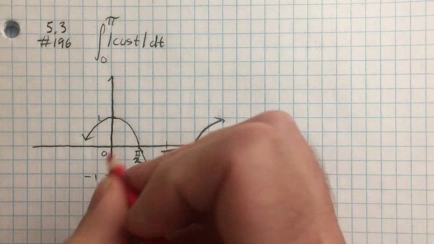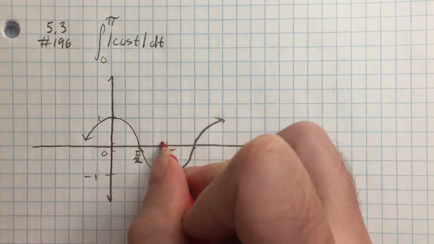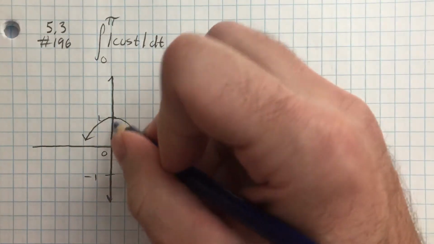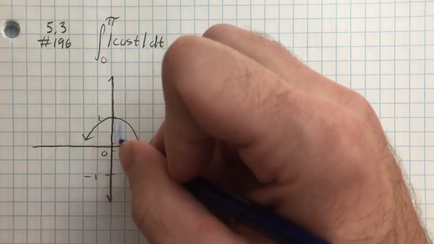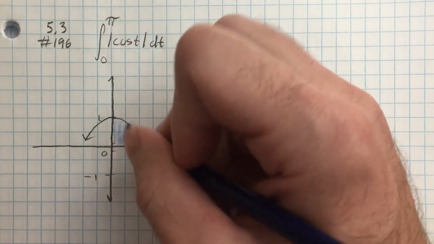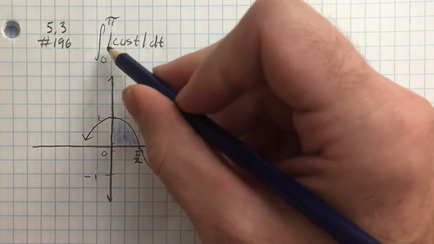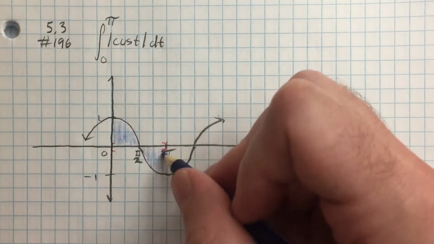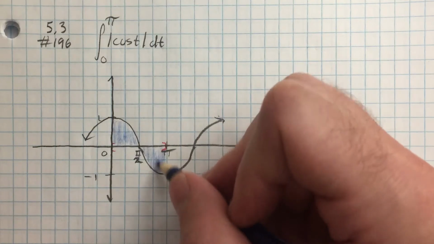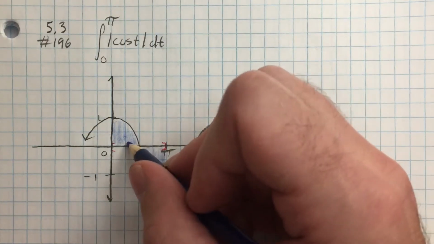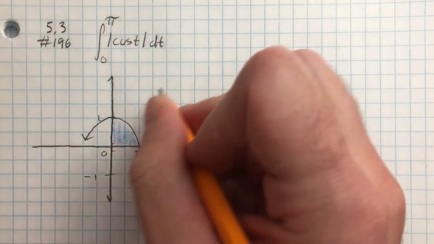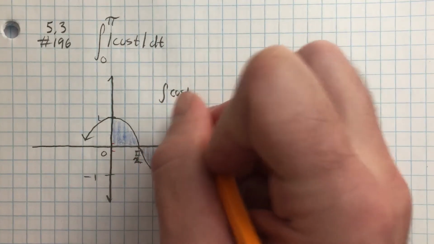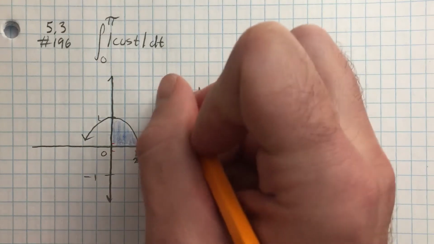So we are looking at from 0 to pi in particular, and if we were to start to color in the area that we're finding, again, ignoring the magnitude for a moment, this would be the integral of cos t dt from 0 to pi.